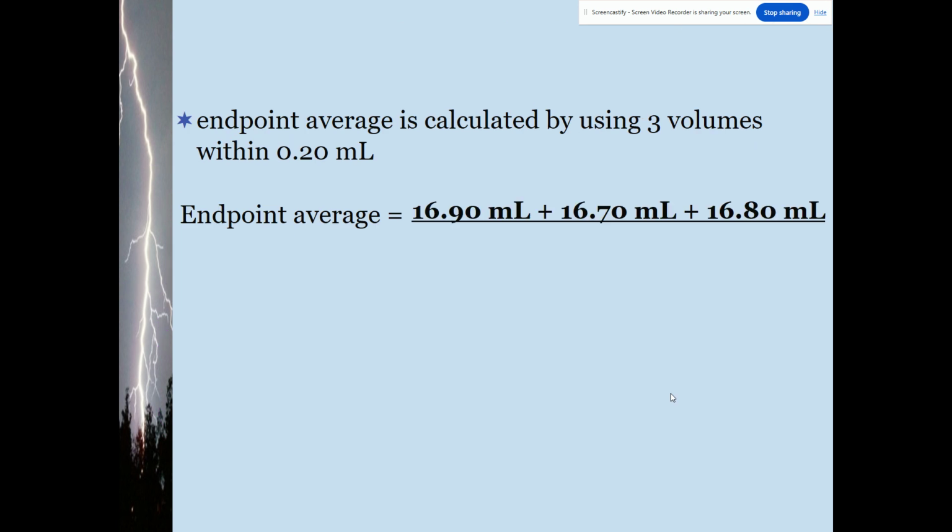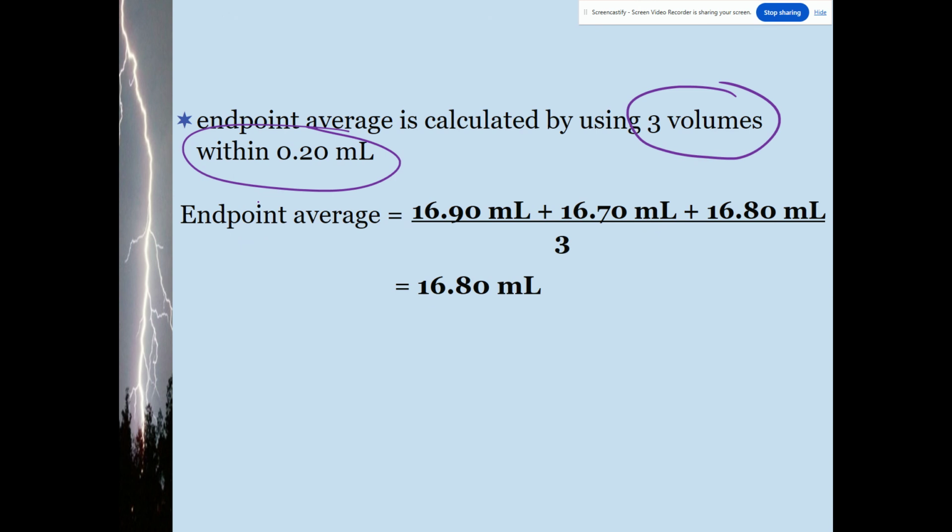So we average those 3 that were within 0.2, and we get an answer in this example of 16.80 milliliters. If you're given sample data on a test or quiz, and let's say you're given 8 trials, you do not average all 8. You only average the 3 that are within 0.2, or the 3 closest, okay?